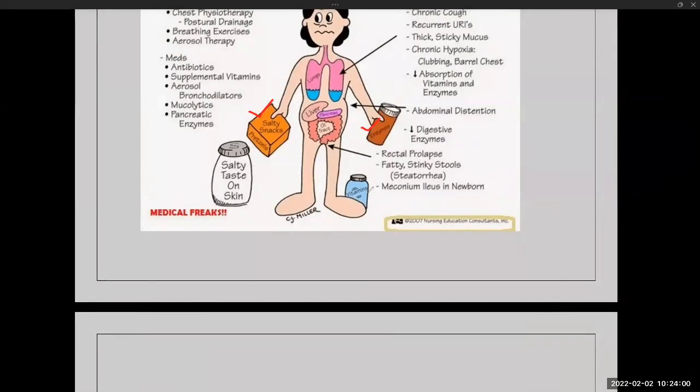You have to provide vitamins and minerals, and to stabilize the metabolism properly, you can provide enzyme. What enzyme? Pancreatic enzyme. Okay, so you can provide pancreatic enzyme. And what is a basic sign of cystic fibrosis? Salty taste on the skin.